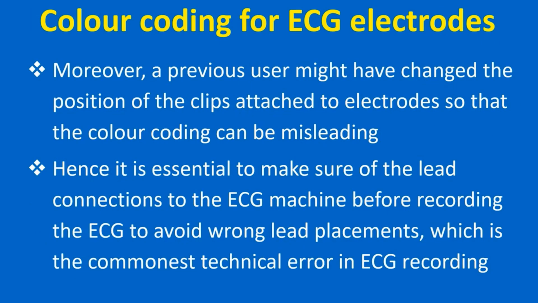Moreover, a previous user might have changed the position of clips attached to electrodes, so the color coding can be misleading. Hence, it is essential to make sure of the lead connections to the ECG machine before recording the ECG to avoid wrong lead placements, which is the commonest technical error in ECG recording.